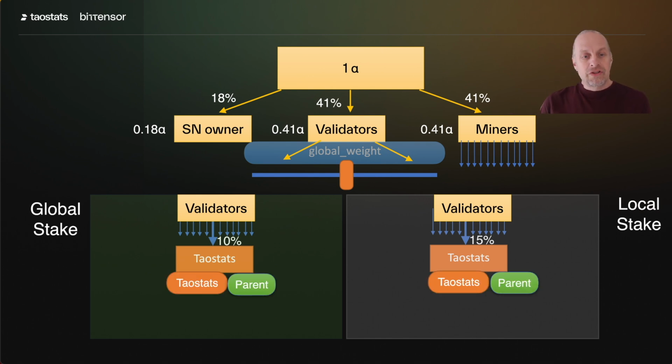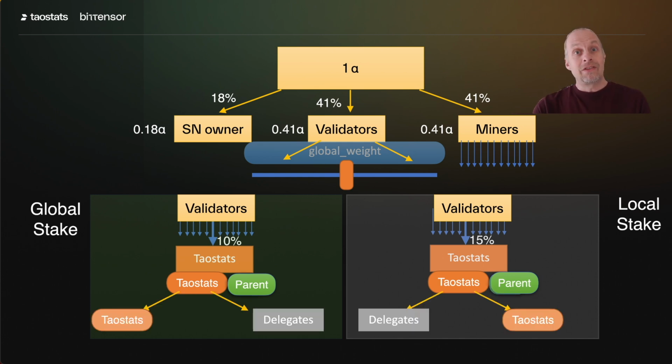The next division of all of this is if TauStats has parent hotkeys. We have videos on child and parent hotkeys if you want to learn more about how all that works. But if another validator adds a parent hotkey to TauStats child hotkey, they take a percentage of the rewards. TauStats then takes their take, and that's 9% for TauStats.